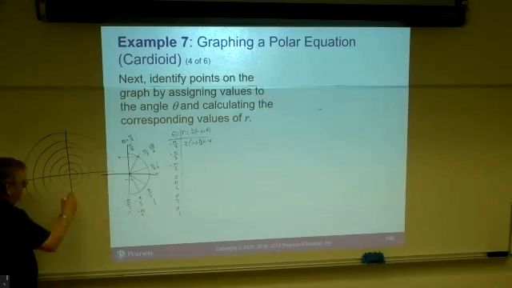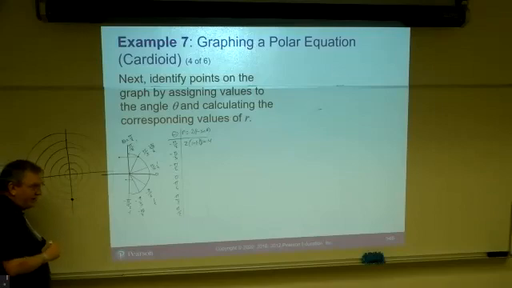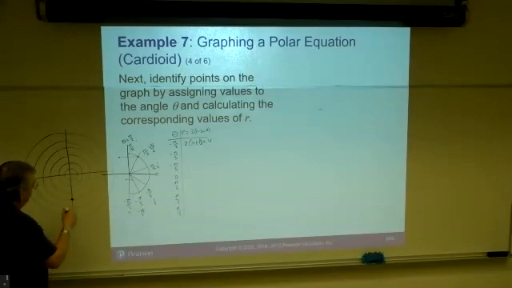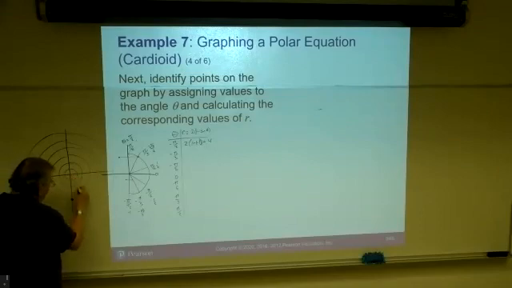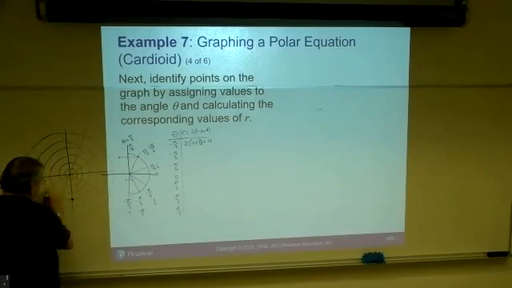And so at negative pi over 2, we go down to 1, 2, 3, 4. I always graph these points as I find them. And we have this angle and this angle and this angle and that angle, and then we have the polar opposites.